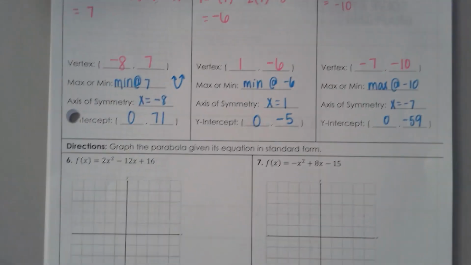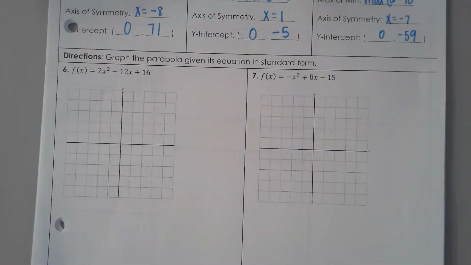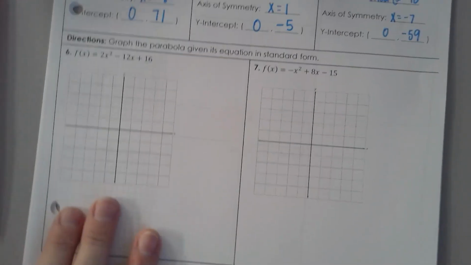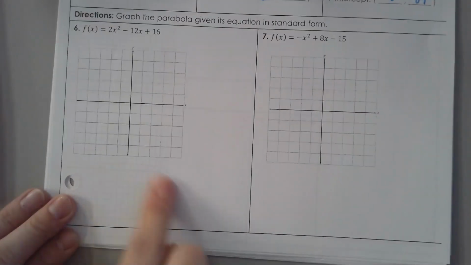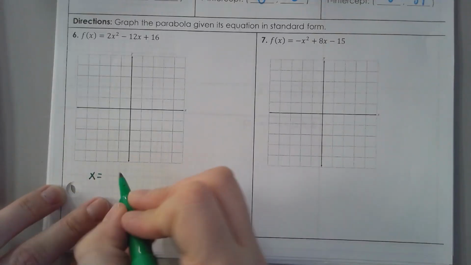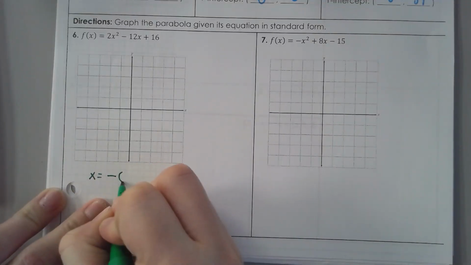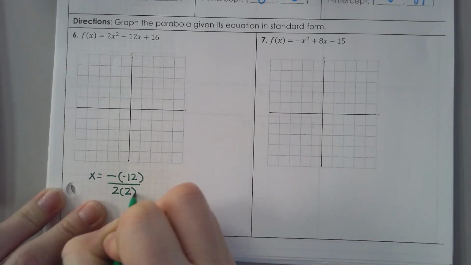Now the next two, we're going to start by finding the vertex, because when we graph, we start with our middle point, and then we work out from there. So let's find the vertex, and I'm going to work out down here at the bottom. So x equals negative negative 12 over 2 times 2.